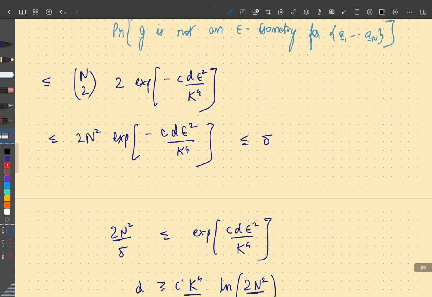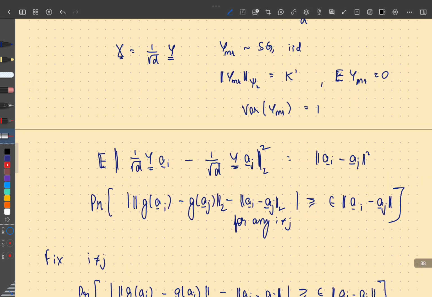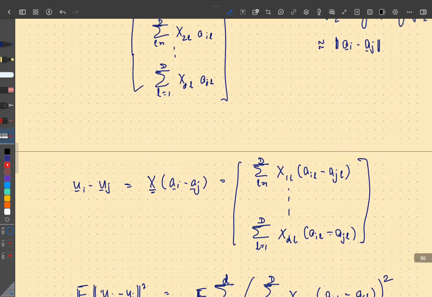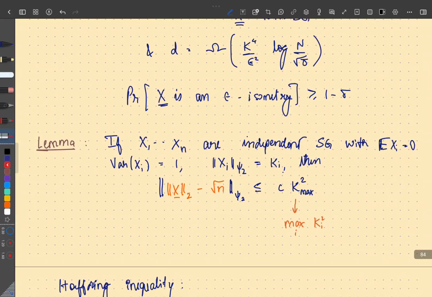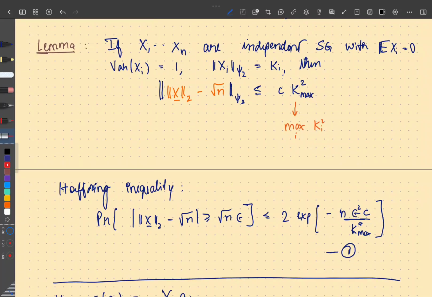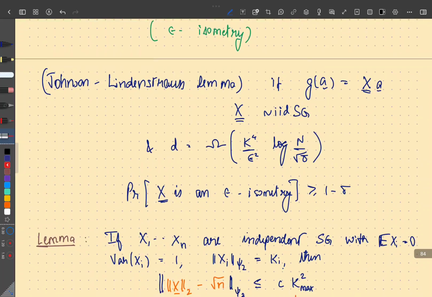In practice, however, this is sort of a proof technique, and this basically tells you that if you choose, let's say, a random Gaussian matrix with IID entries, then this random linear projection is going to be an epsilon isometry with high probability.